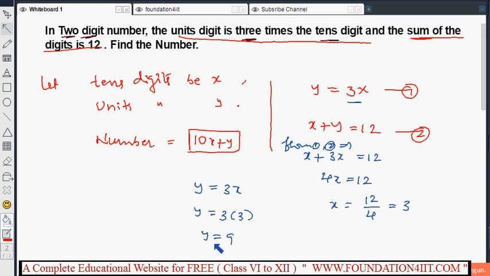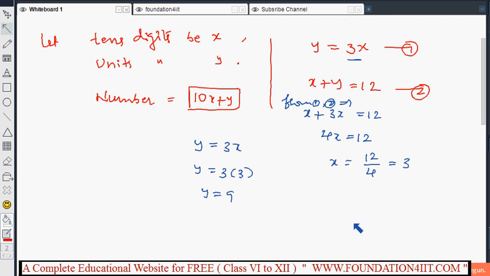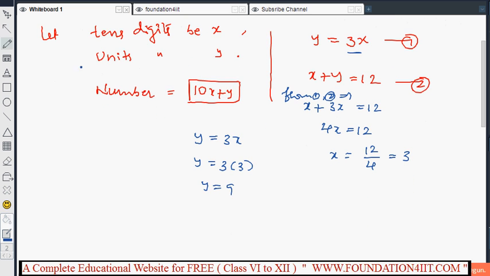Clear? So units place is 9 and tens place is 3. So that number we need, right? So as we discussed, number is 10x plus y. So 10 into x plus y. Okay, 10x, x is 3 and y is 9.